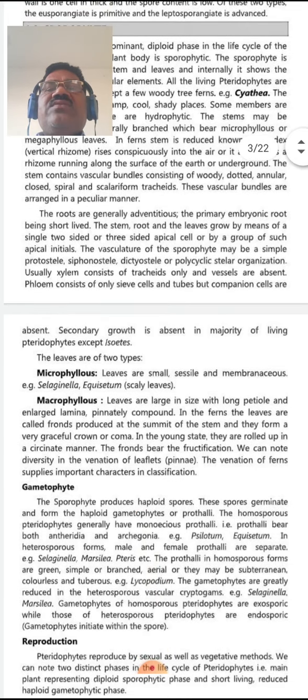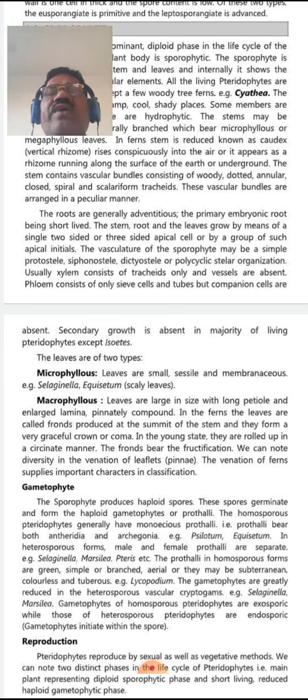The roots are generally adventitious, the primary embryonic root being very short lived. The stem, root, and the leaves grow by means of single, two-sided, or three-sided apical cells, or by a group of apical initials.